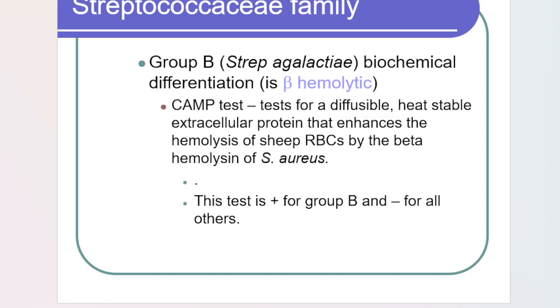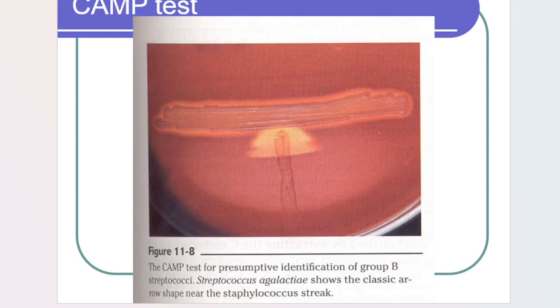So, yung heat stable, so that is hemolysin S. Extracellular protein that enhances the hemolysis of sheep RBC by the beta hemolysin of the S. aureus. Okay, so this test is positive for group B. The rest, negative na siya. So that is the CAMP test, for the presumptive ID of group B Streptococci.